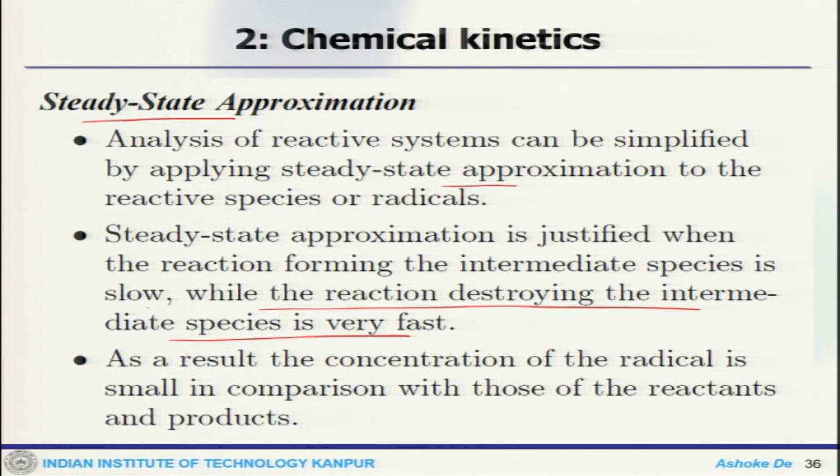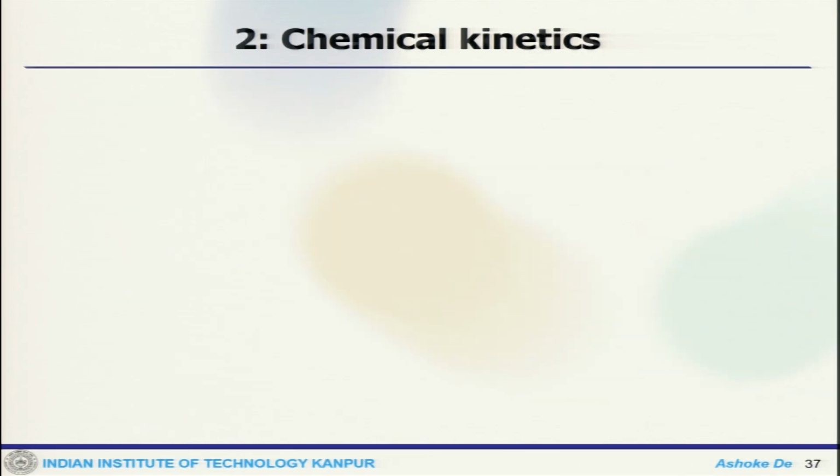The result of that is that the concentration of the radical is small in comparison with those of the reactants and products. We can take again an example, the NO formation mechanism, which is very well known, the Zeldovich mechanism.